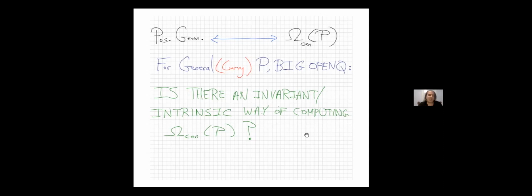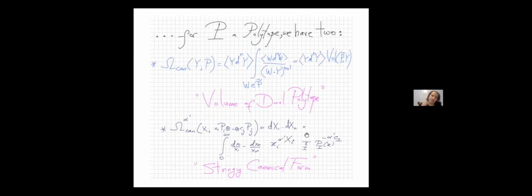And you'd like to have some intrinsic way of defining canonical forms, some intrinsic way of even making clear that such a thing exists. And we don't have that in general. And I think that's probably the biggest open problem about this whole subject, especially when it comes to the N=4 super Yang-Mills amplituhedron.